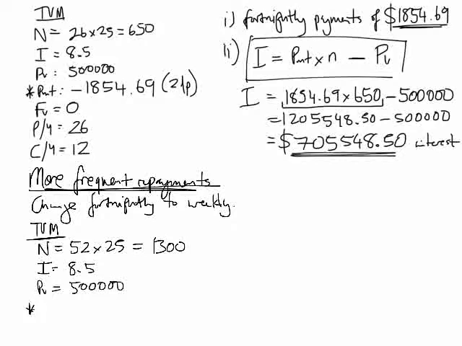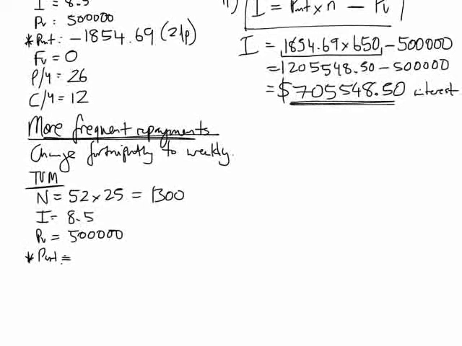We're trying to work out what the new payments are going to be because they're happening twice as often, and we don't know what they're going to be, so we're going to solve for that to start off with. We want the loan to be finished, so we don't want to owe anything at the end. And payments per year now is going to be 52 because you'll be paying once a week. It's still compounding every month.